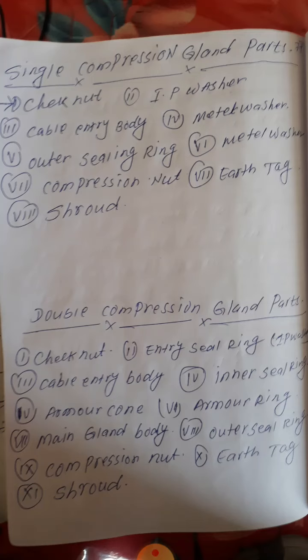Okay, earth tag and shroud. So 10 parts come in there, and the other has only 8 parts. So double compressor and single compressor have a little difference from each other. The single compressor has only 8 parts, but the double compressor has 10 parts. Okay, so this is this one.